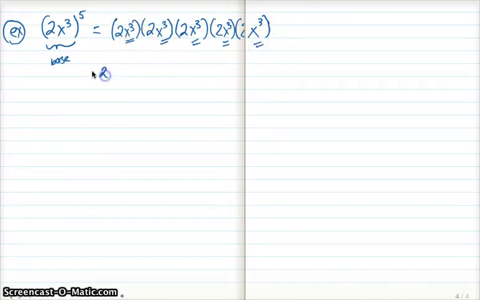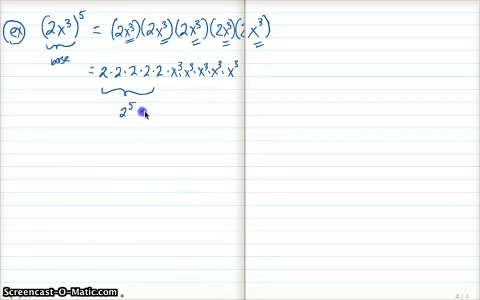So 2 is being multiplied by itself 5 times, 1, 2, 3, 4, 5. And then x cubed is being multiplied by itself 5 times, 1, 2, 3, 4, and 5. And we can simplify this using exponents. We can recognize that, aha, I have 2 to the 5th power times x cubed to the what?